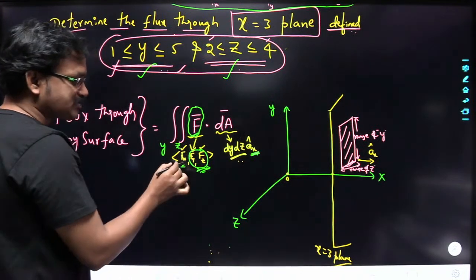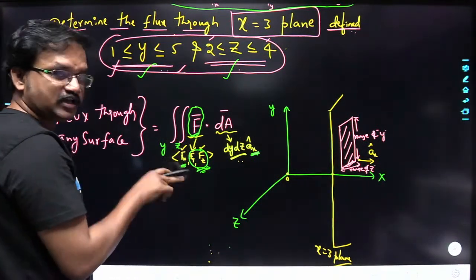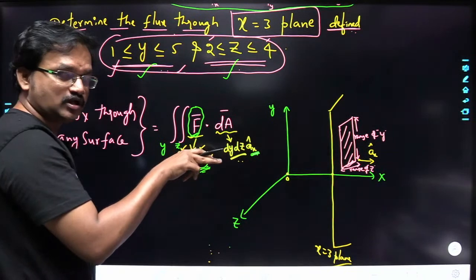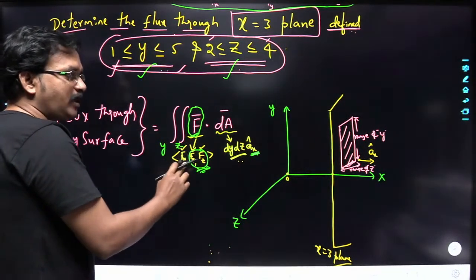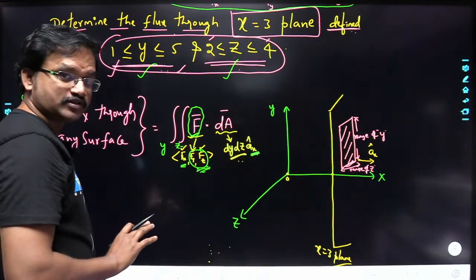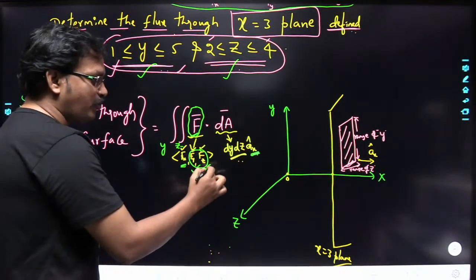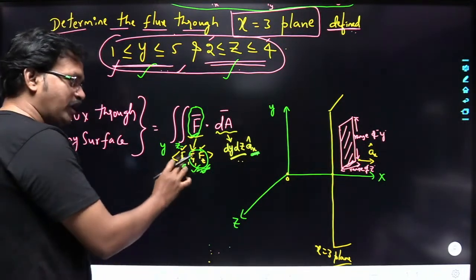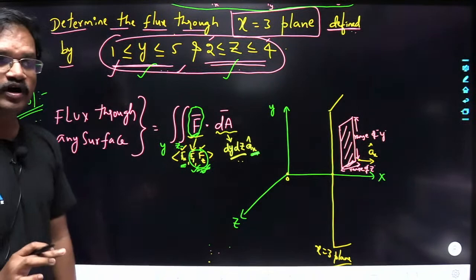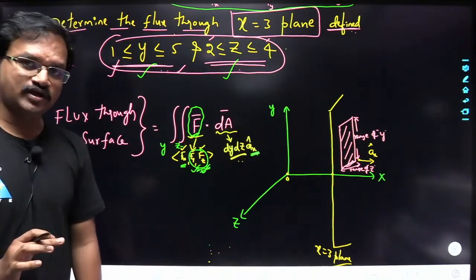And x component of the vector field is going to point along x direction. So this is the component of the vector field that is pointing along the direction of the surface. So y component and z component are not going to contribute for any flux, only x component of the vector field is going to contribute for flux. Yes or no?